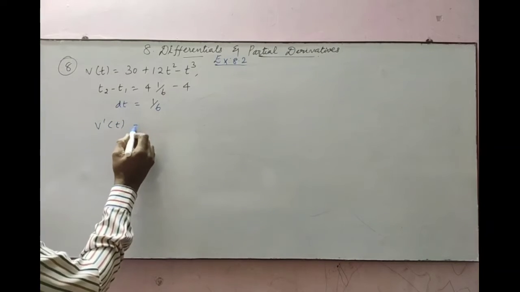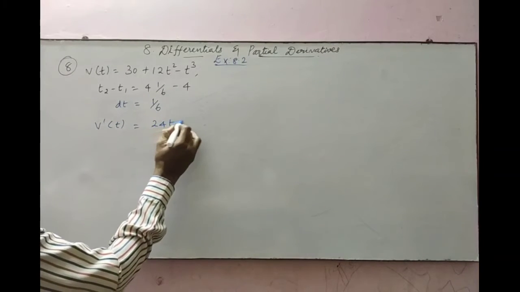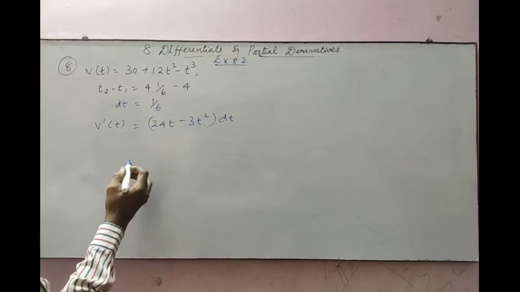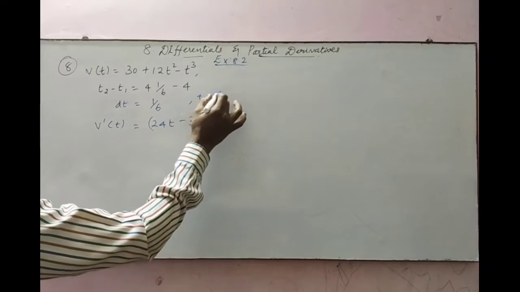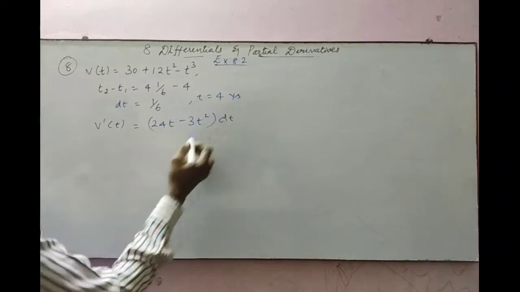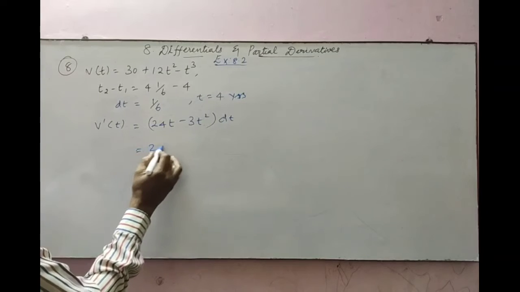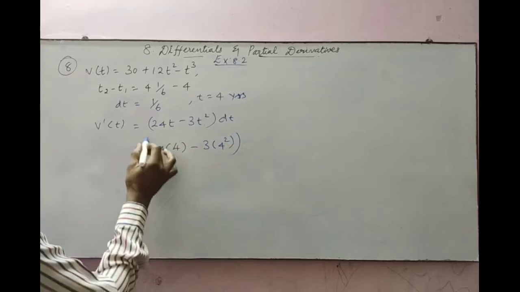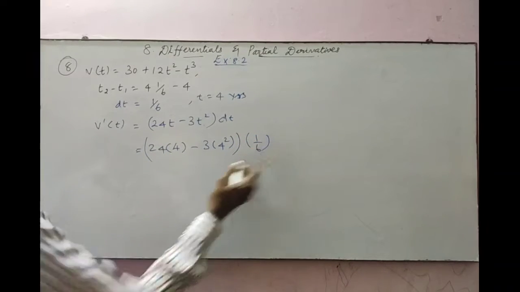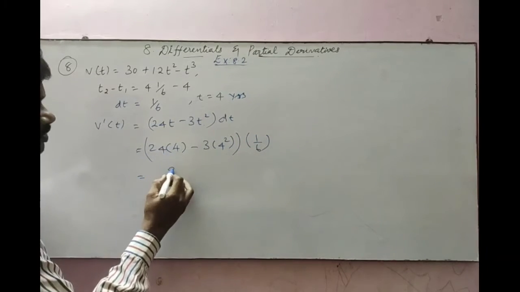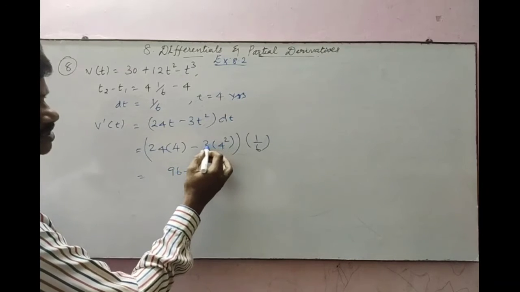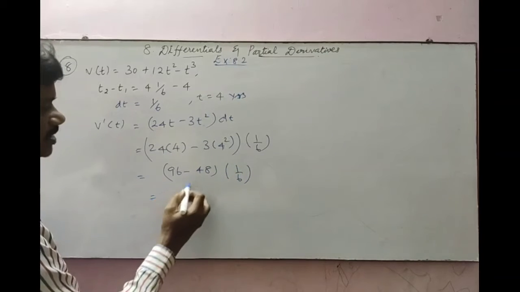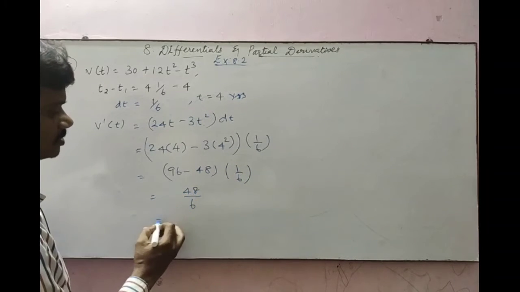Now I am going to differentiate this. You will get v dash of t is equal to 24t minus 3t square into dt. Substitute the values and take t as 4 years. So 24 into 4 minus 3 into 4 square, into dt which is 1 by 6. 24 into 4 gives 96. 4 square is 16. 16 into 3 gives 48, into 1 by 6. 96 minus 48 gives 48 by 6.